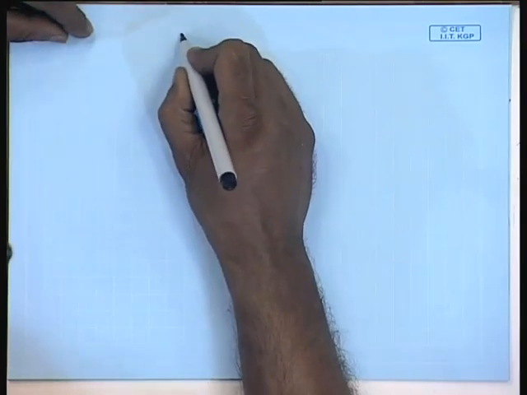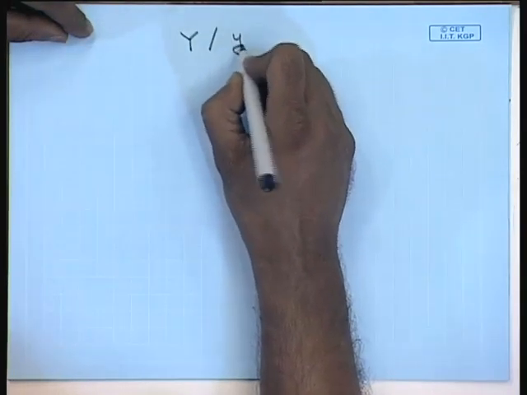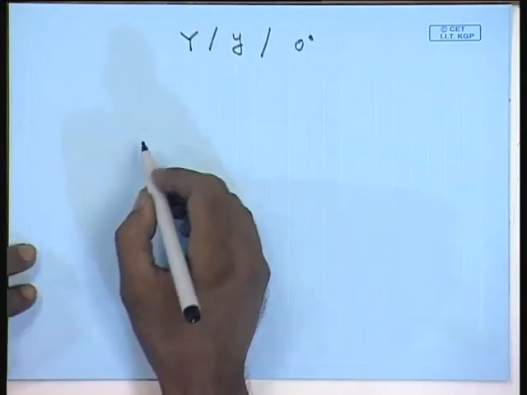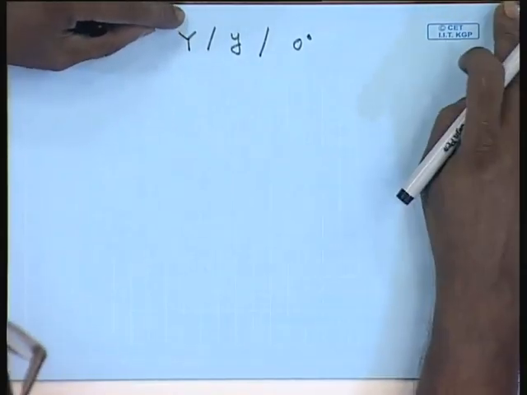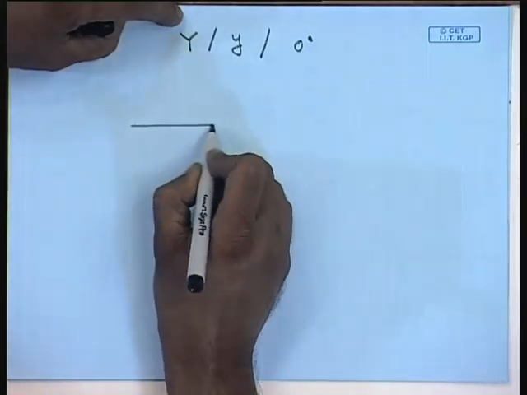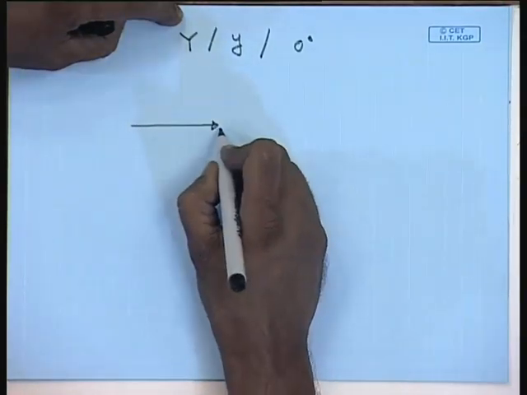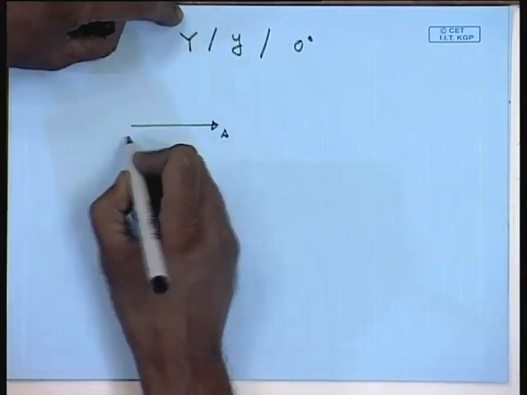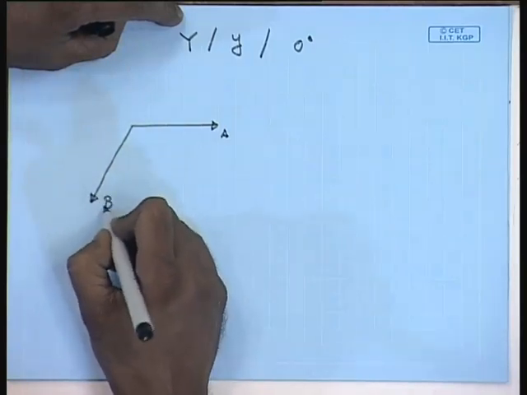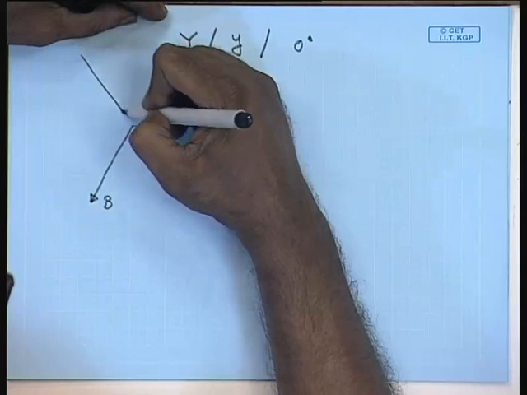Let us see how these connections are made. Let us start with the simplest one, that is Y 0 degree. So, how the Y 0 degree line to neutral phase voltages will look like, the phasor diagram. Let us say this is phase A of the high voltage side, and this is phase B of the high voltage side, this is phase C of the high voltage side.